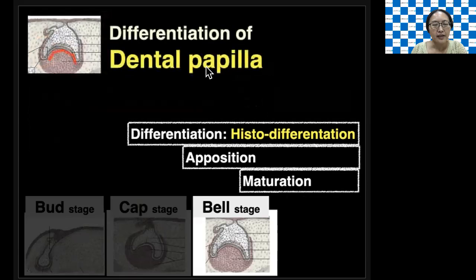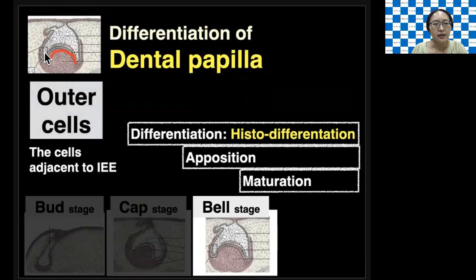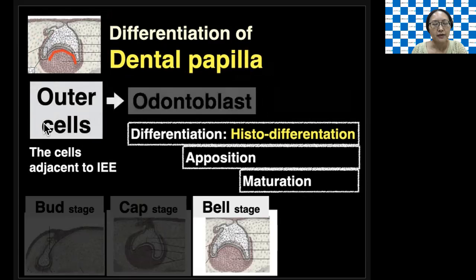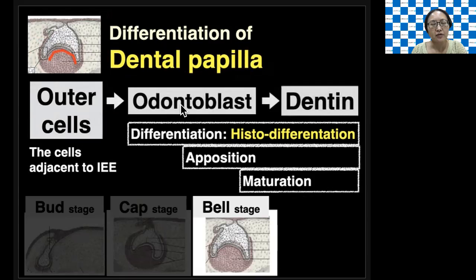And another differentiation happens in the dental papilla. The outer cells of the dental papilla, meaning the cells adjacent to the inner enamel epithelium, will differentiate into the odontoblast. And through the process of dentinogenesis, it produces dentin.